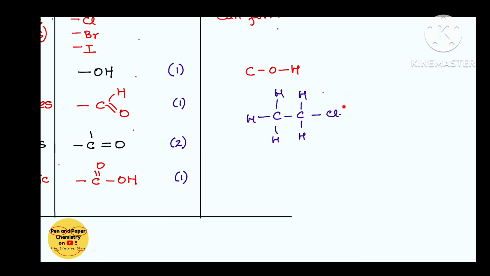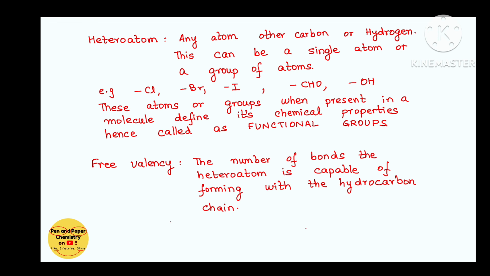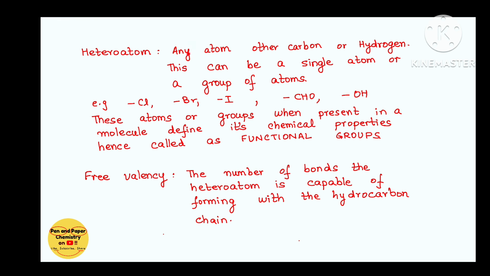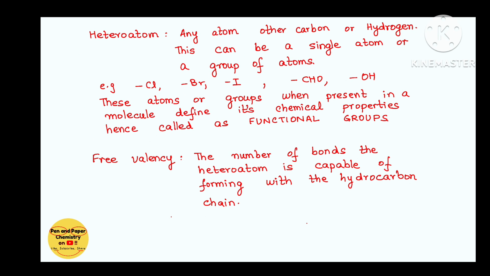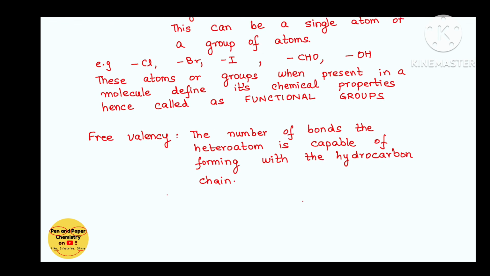The atoms other than hydrogen and carbon in an organic compound are known as heteroatoms. Any atom other than carbon or hydrogen in an organic compound is known as a heteroatom. This can be a single atom, a group of atoms, like Cl, Br, CHO, and so on.